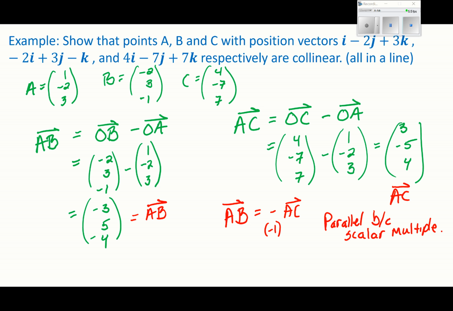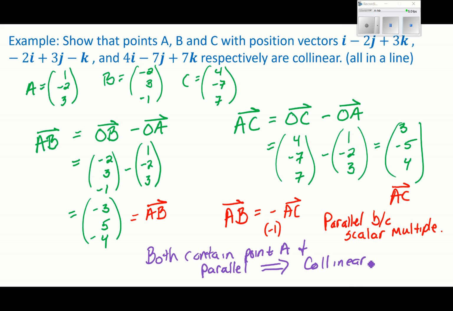And since they both contain the point A and they are parallel, then they have to be collinear. The only way, if they both contain point A and they're parallel vectors, is that they have to be in a line.